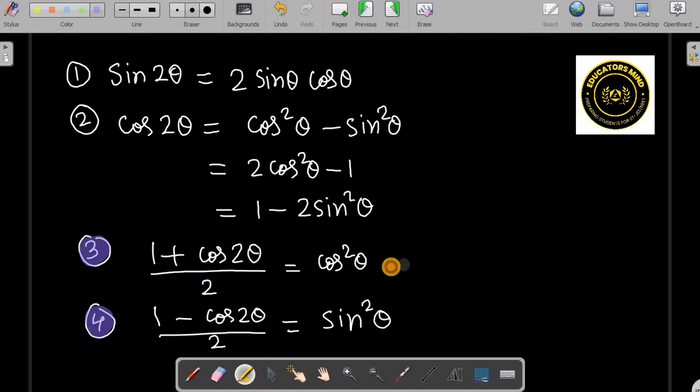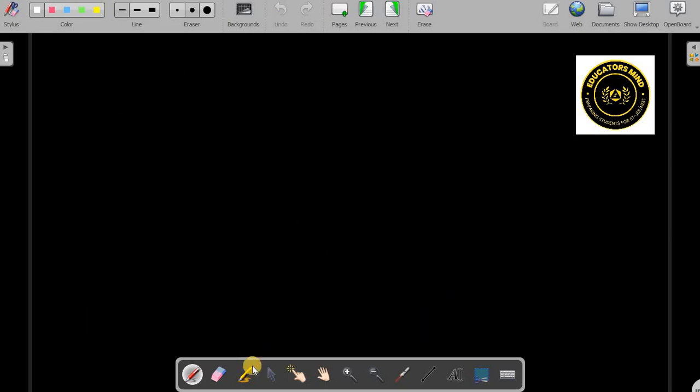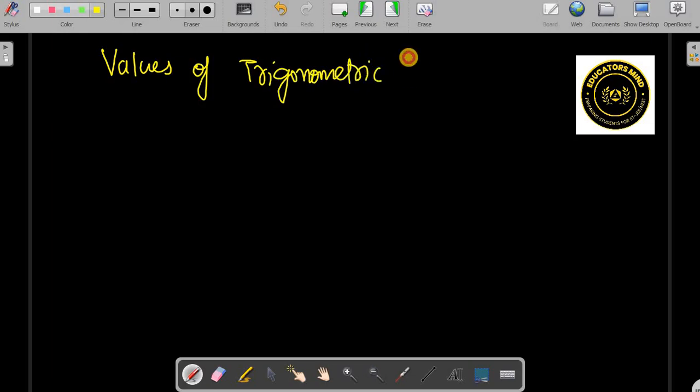So these formulas are important and will be used in calculations. There are many other formulas that I will cover separately in a different session. Now let us go further to understand the values of trigonometric functions.